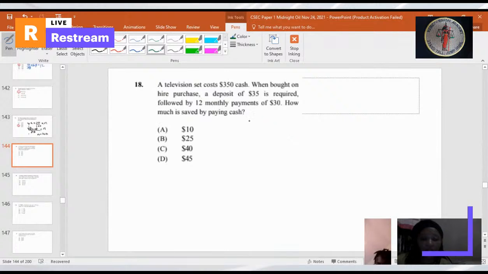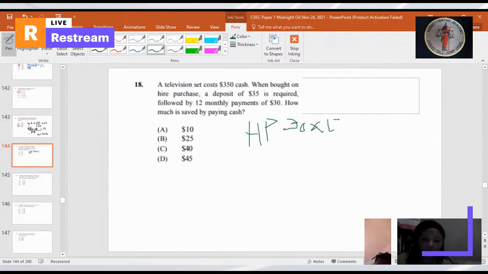All right. So let's work out the hire purchase price. If we're buying it on hire purchase, we have to pay down $35, and we pay $30 per month for 12 months.